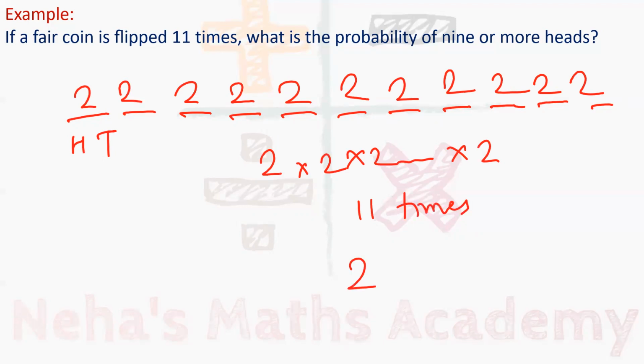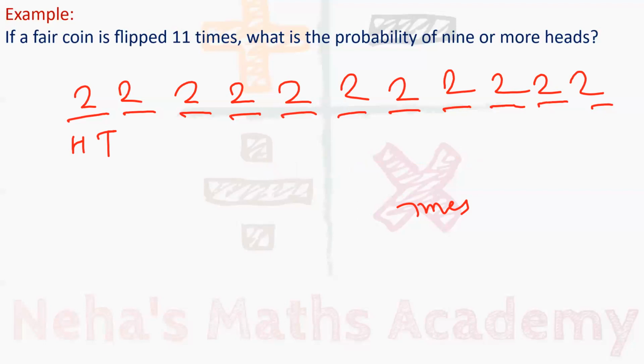So it is 2 raised to 11. That means the total number of ways or total number of choices for a coin to be flipped 11 times is 2 raised to 11.